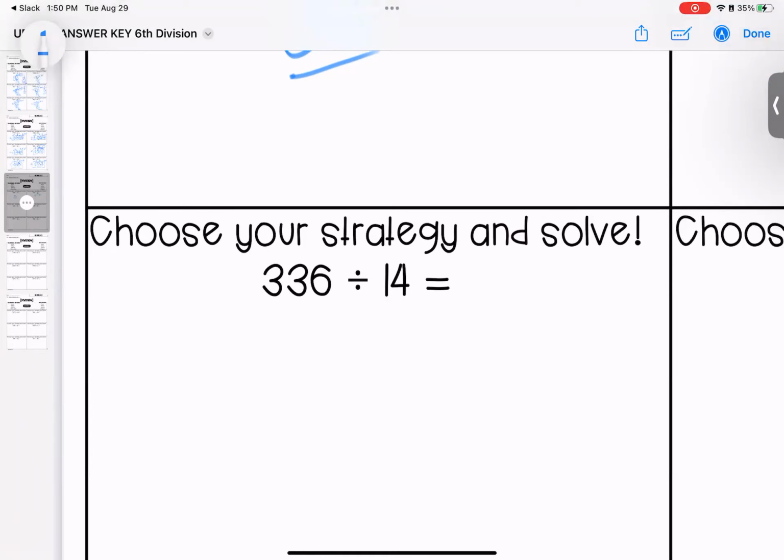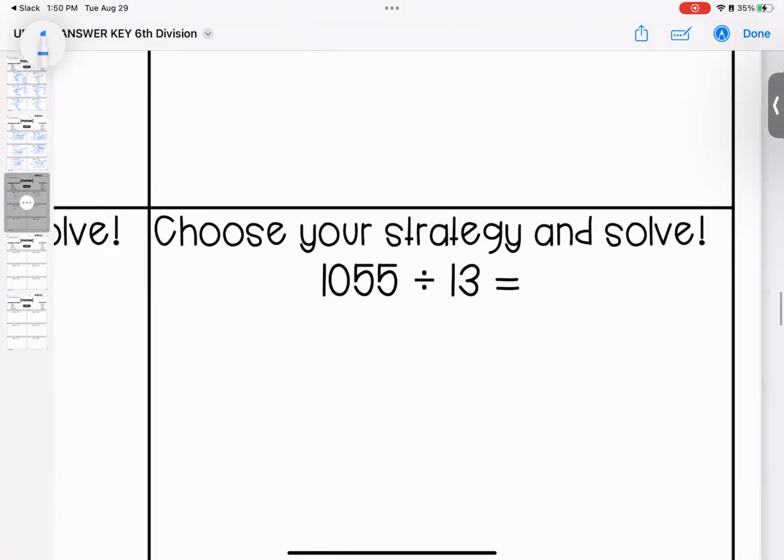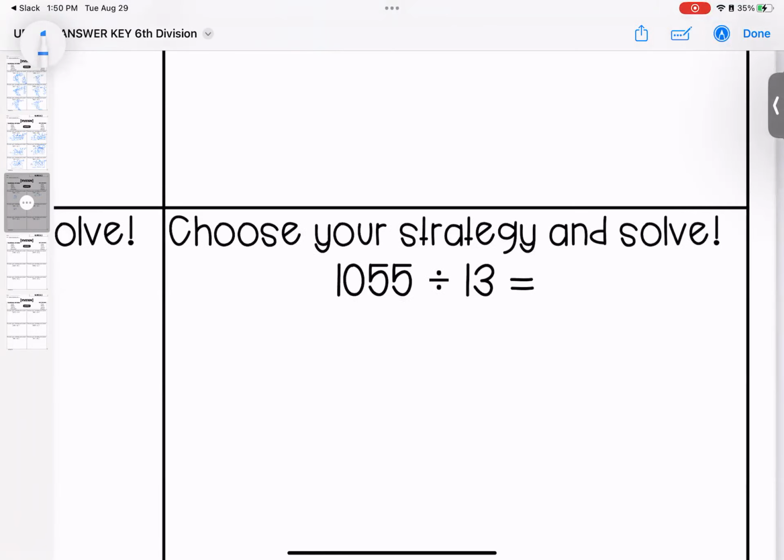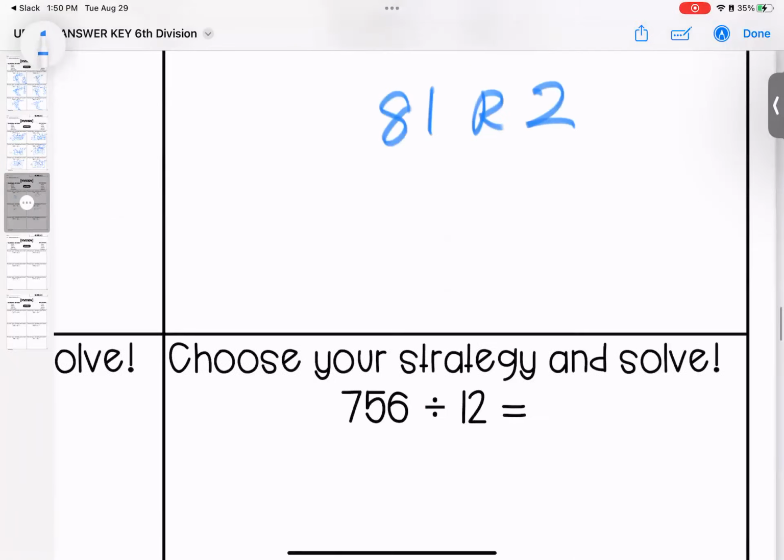336 divided by 14, no remainder, goes in evenly 24 times. 1,055 divided by 13, it is going to go in 81 times with a remainder of 2.